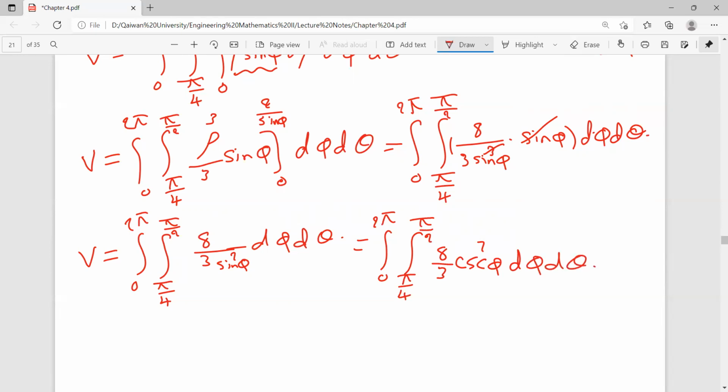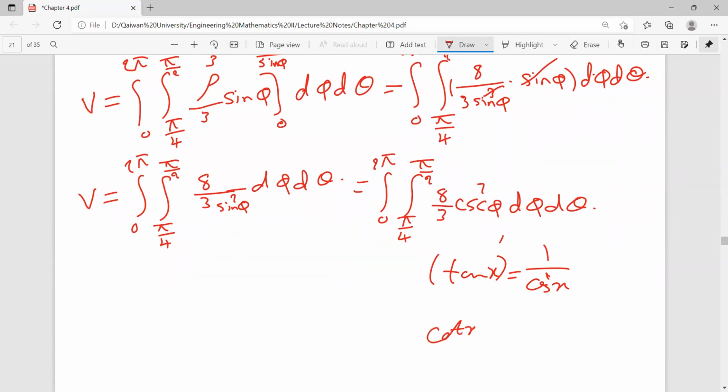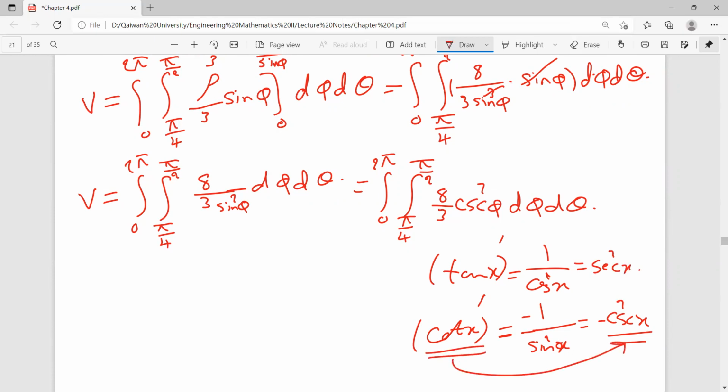For the derivatives, the derivative of tan x is 1 over cosine squared of x, which is secant squared of x, and the derivative of cotan x is minus 1 over sine squared of x, which equals minus cosecant squared of x.